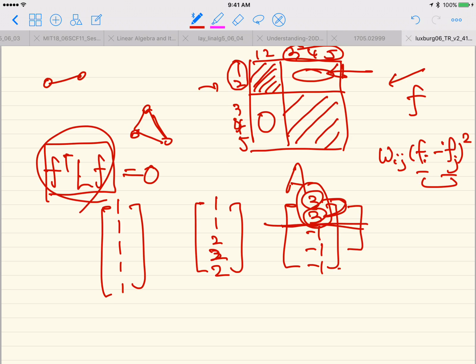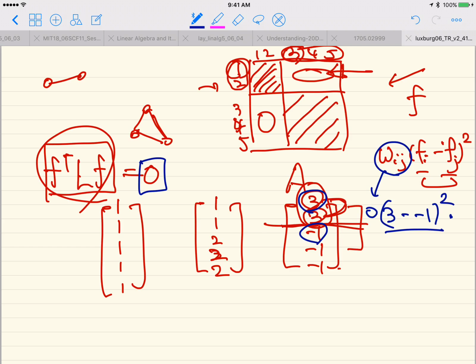In the case of 3 and minus 1, we are comparing these two, 3 minus minus 1 squared, which is non-zero, but fortunately this edge weight is 0. So this is always achieving 0, which means this can also become your eigenvector.